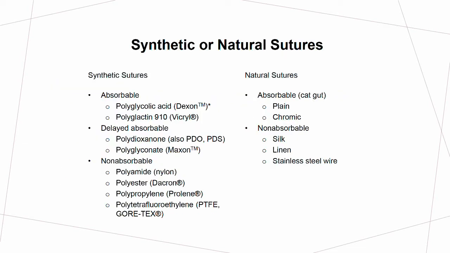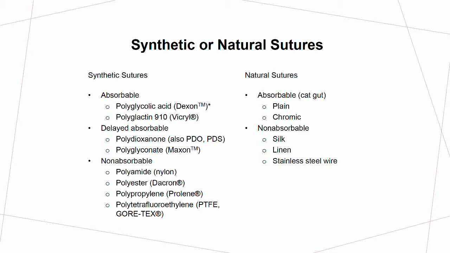In discussing the types of sutures, whether it's the generic name or the brand name, some of these are Ethicon, like Vicryl, which is one of the brand names. For different types of synthetic absorbable sutures, I'll attempt to pronounce these: polyglactin is Vicryl, which we commonly use.